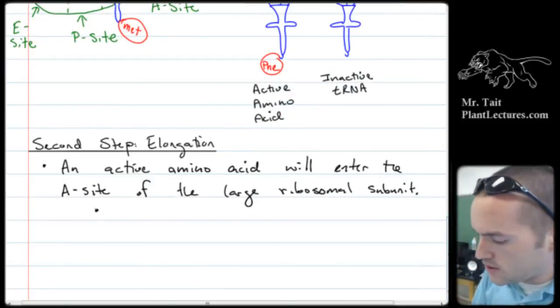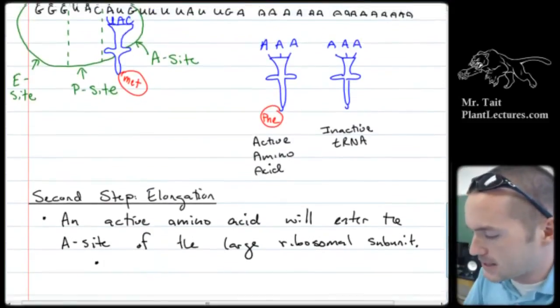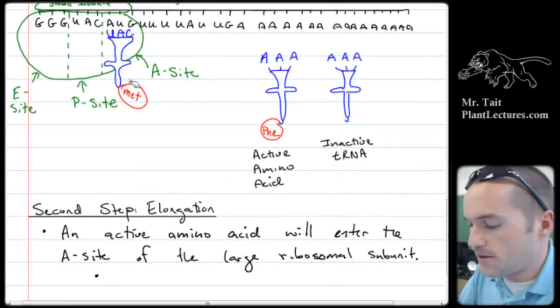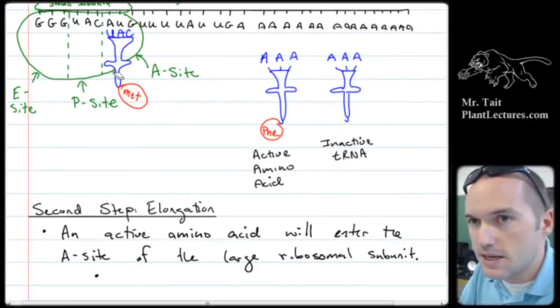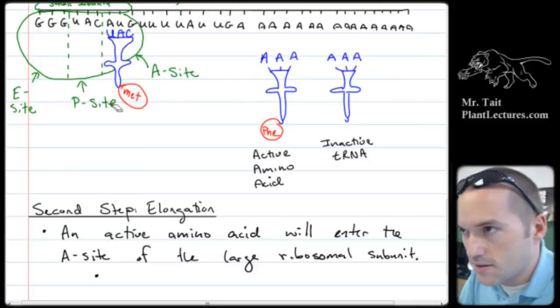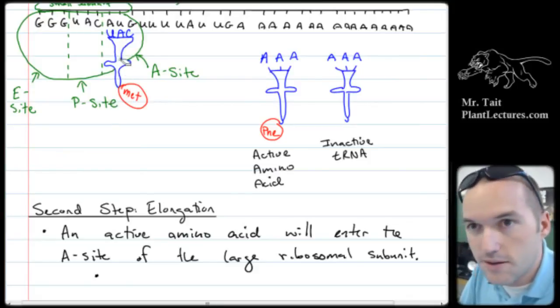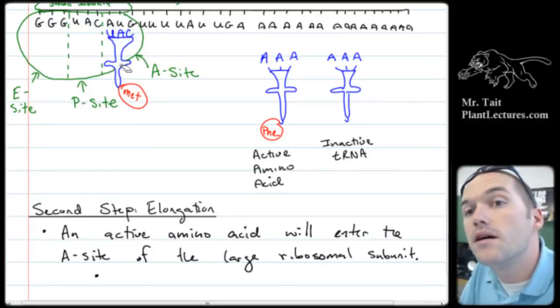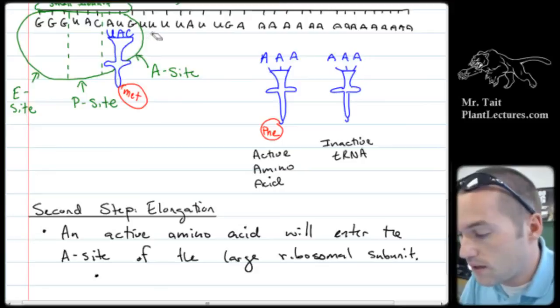And how do we determine which active amino acid is going to go into that A site? Can just any active amino acid go into this particular A site? How do we figure out which one's going to go in?